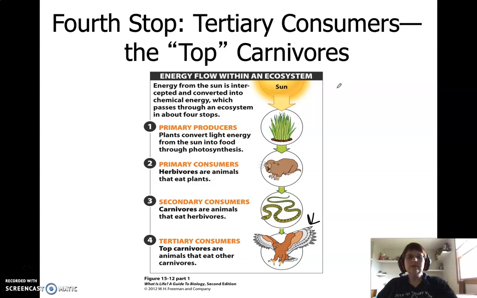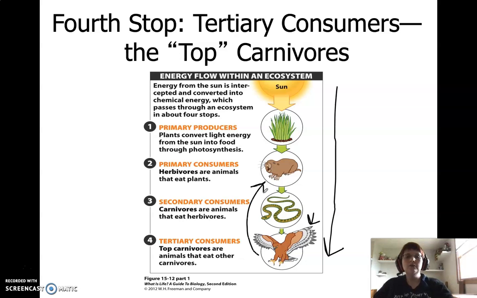Now, the thing is that energy is a one-way street in ecosystems. So energy is only going to go one way. We can't pass the energy from, say, a hawk to a primary consumer like the rodent. So that's why we often will just say that energy flows. It's like a river.